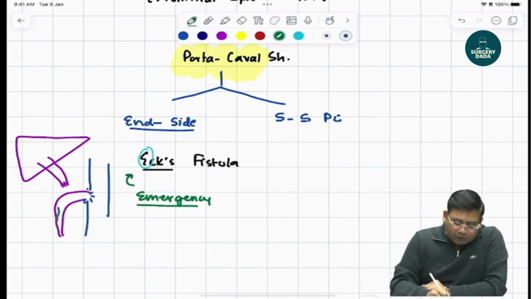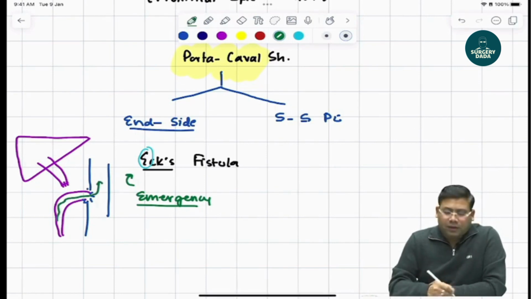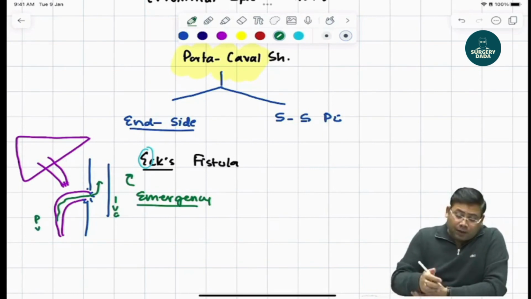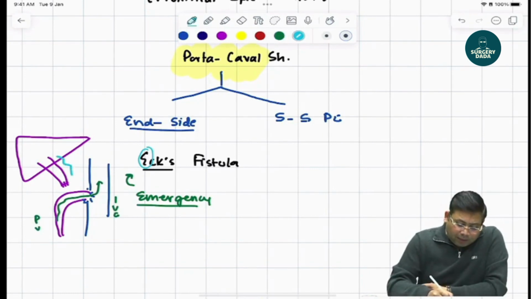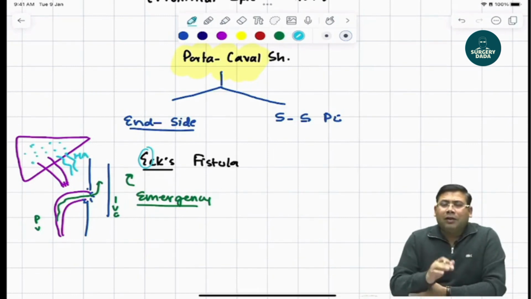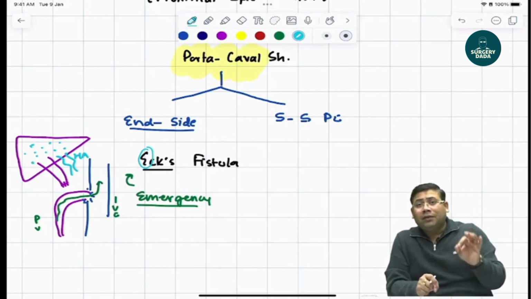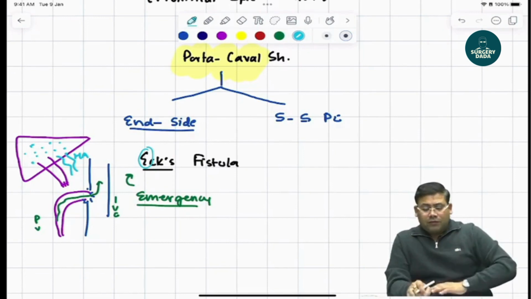Because okay, now you have diverted the portal vein into the IVC, diverted the portal hypertension, but still the hepatic artery is entering and bringing blood, which is not relieving the congestion completely, and thus ascites is not relieved completely with this. And this is very important.